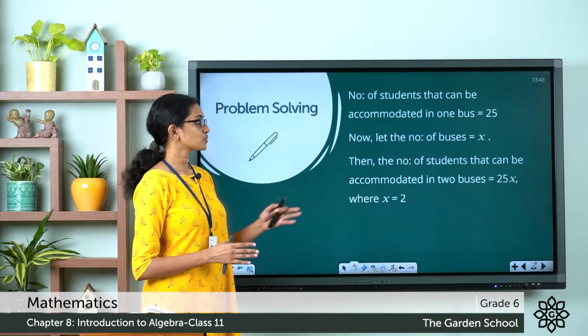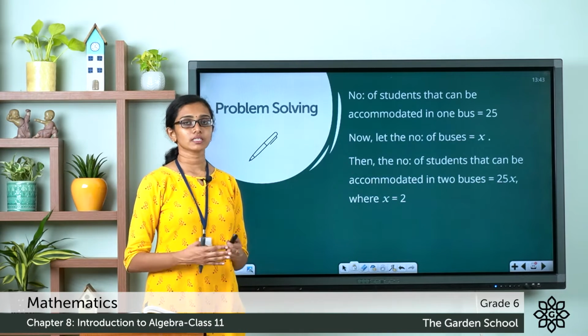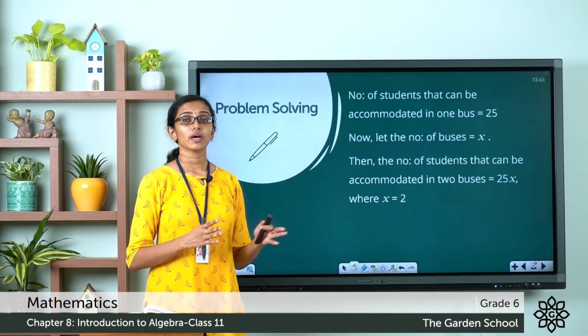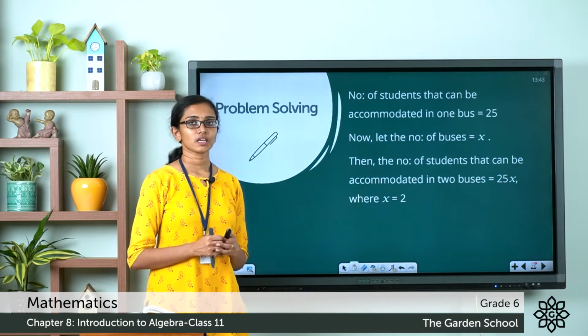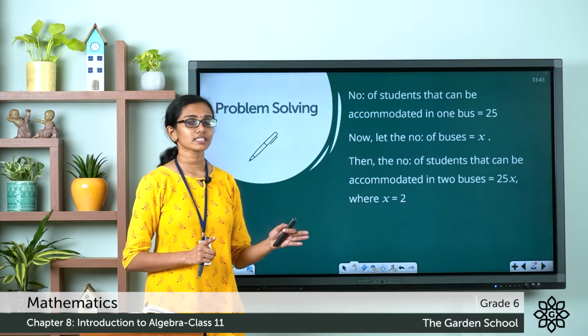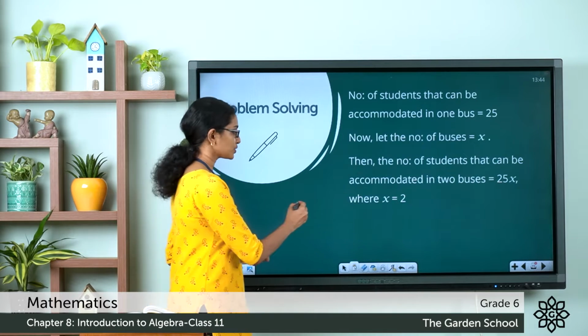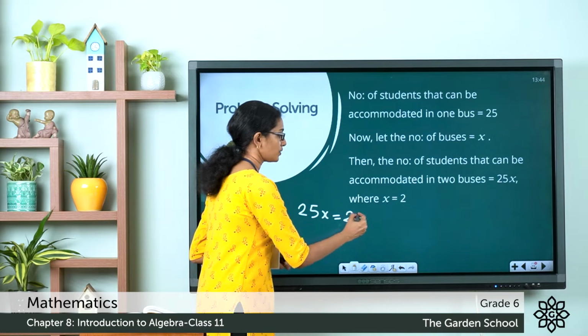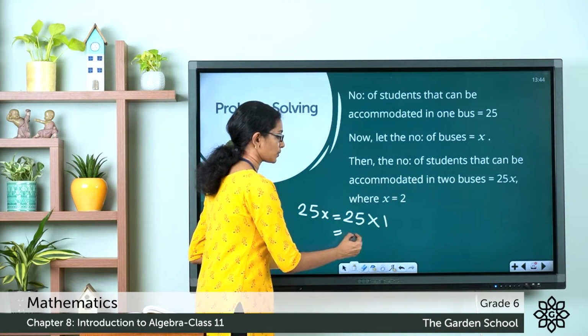Now, the number of students that can be accommodated in buses will be equal to 25x. If there is only one bus, x is equal to 1, then 25x is equal to 25 into 1, which is equal to 25.